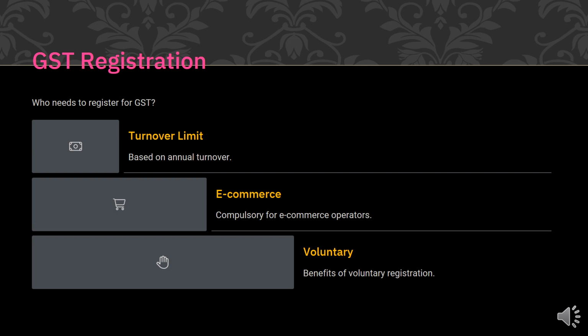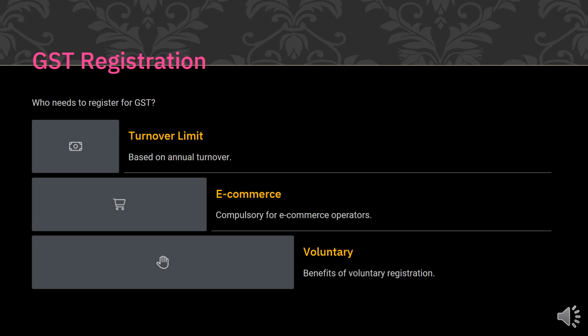This threshold is 20 lakhs for special category states such as Arunachal Pradesh, Assam, Meghalaya, Manipur, Mizoram, Nagaland, Sikkim, Tripura, Himachal Pradesh, and Uttarakhand. In these states, the limit for the turnover is 20 lakhs only.